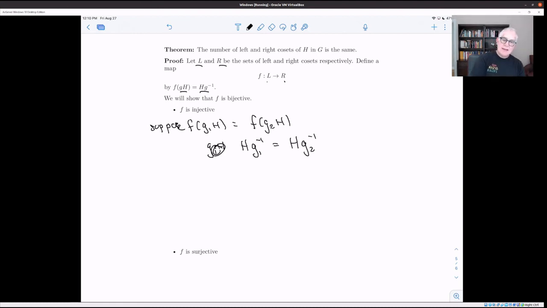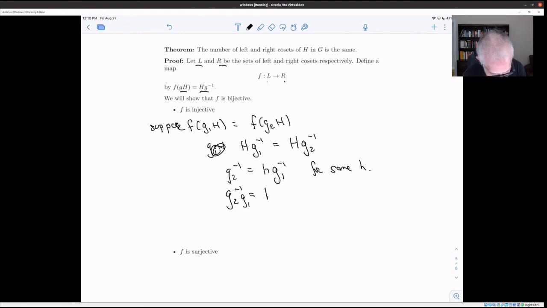And the only way two cosets can be equal, that means that g2 inverse has to equal h g1 inverse for some h. And now let's multiply both sides of this equation on the right by g1 to get g2 inverse times g1 equals h.